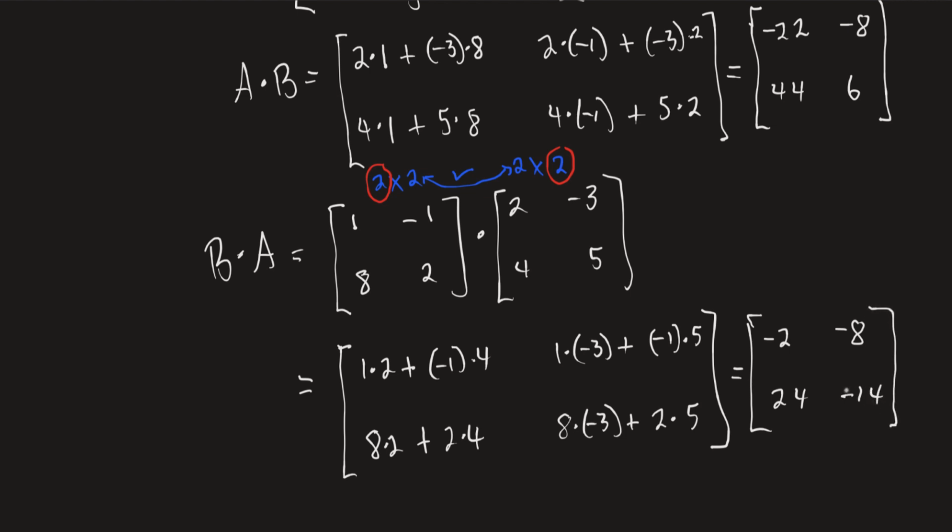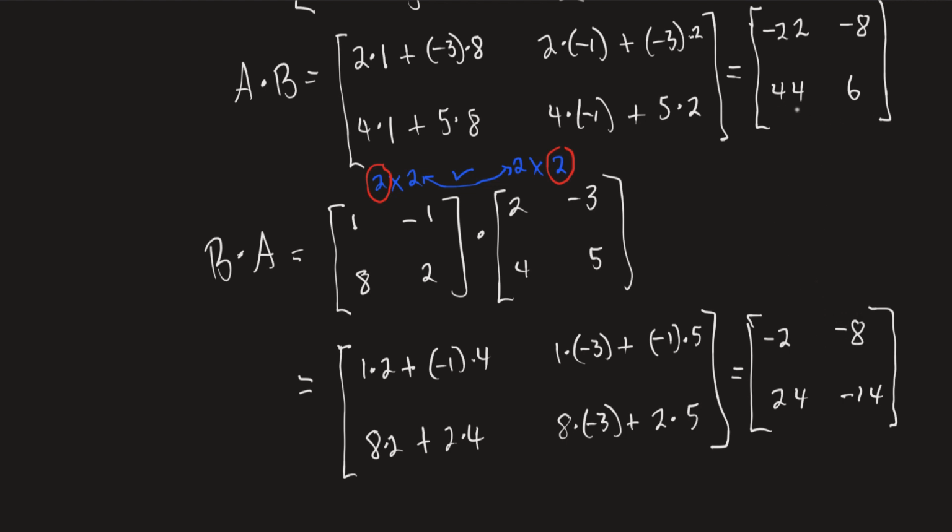And one thing you might notice right away, and sometimes it's disturbing for students to see this, but look at the matrix AB. The only entry that corresponds in BA is this entry.